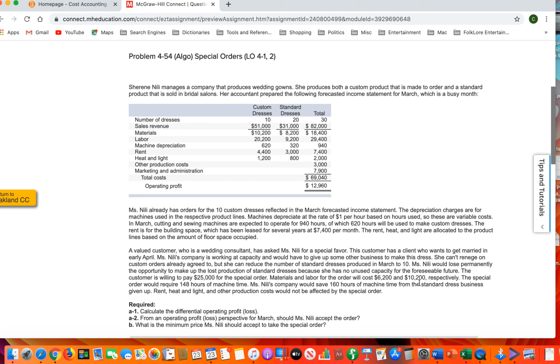She's going to give up the associated variable cost with that. I'm going to subtract that, but she's going to give up $4,100. You will not incur the $9,200, so that's $4,600. And the $160.